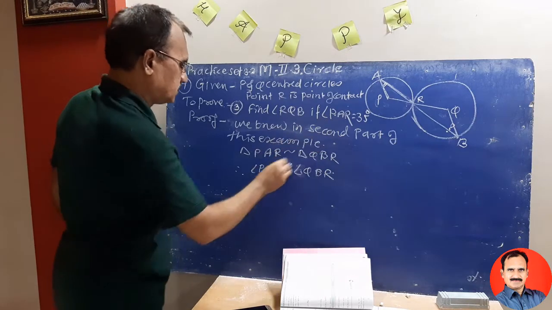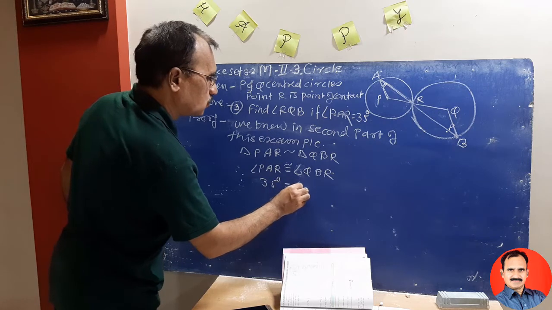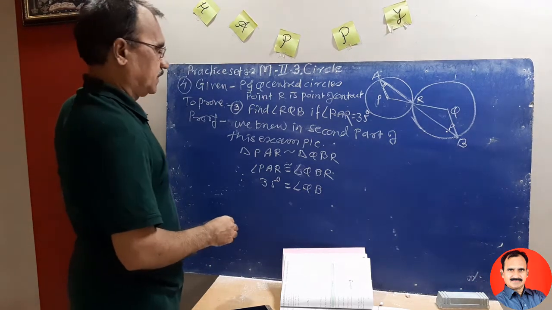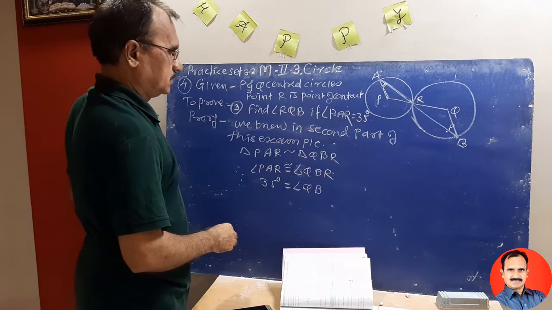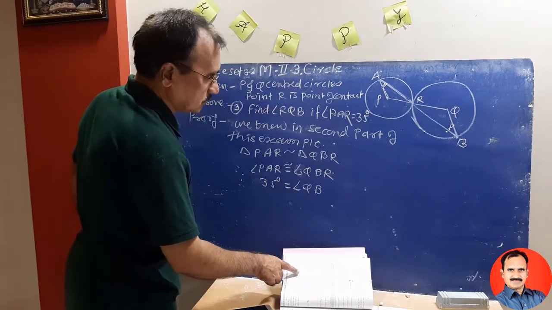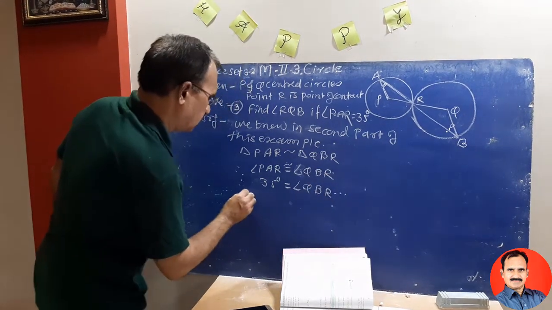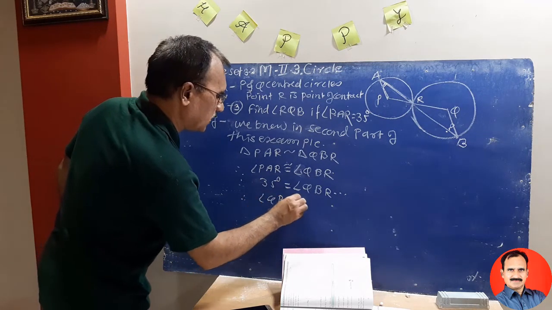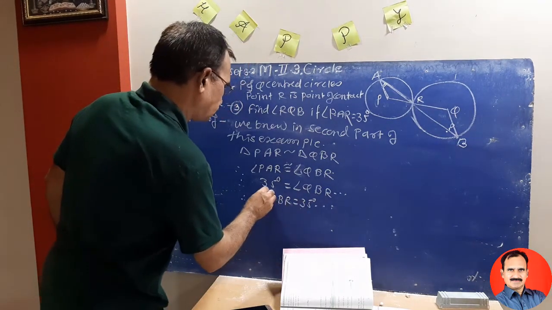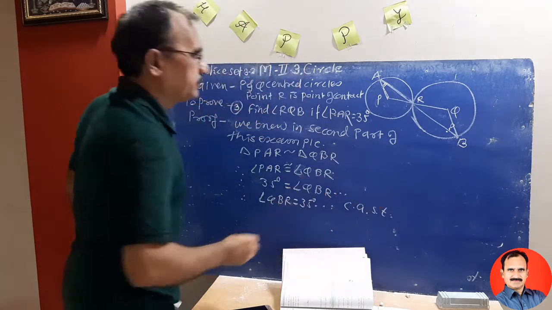Here PAR is 35, already given, is equal to angle QBR, and therefore angle QBR is equal to 35 degrees, corresponding angle of similar triangles.